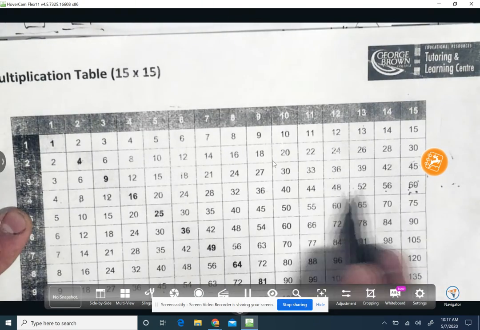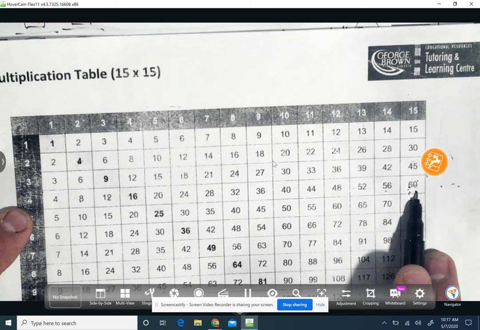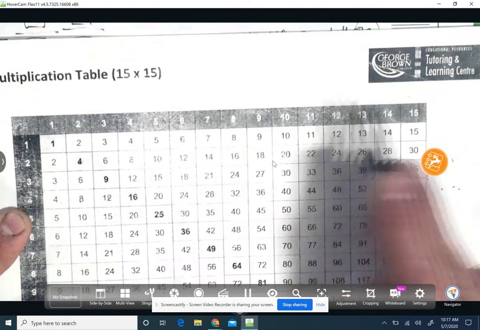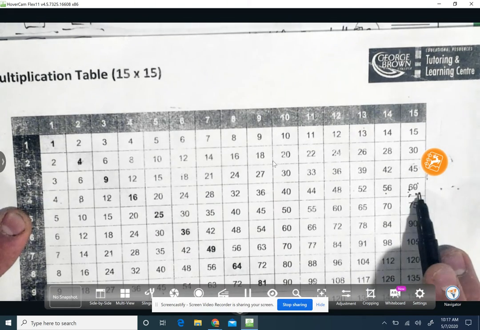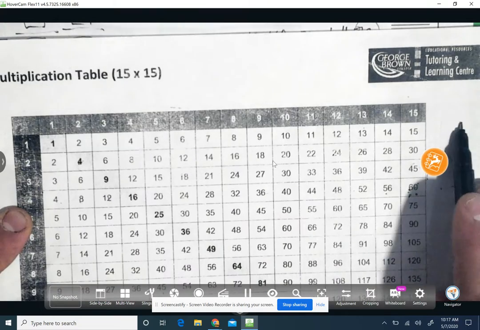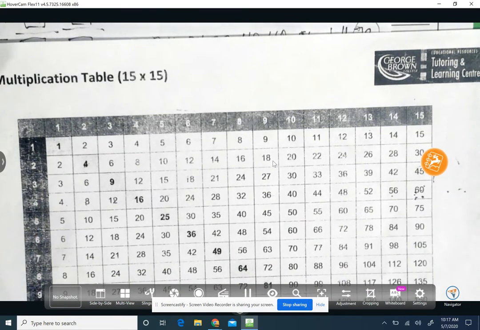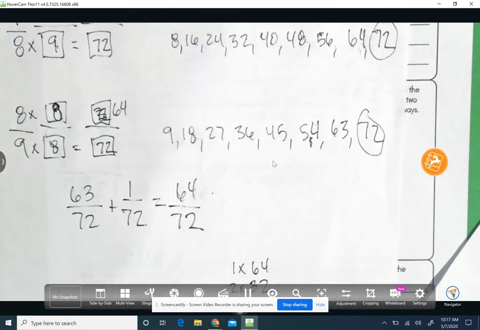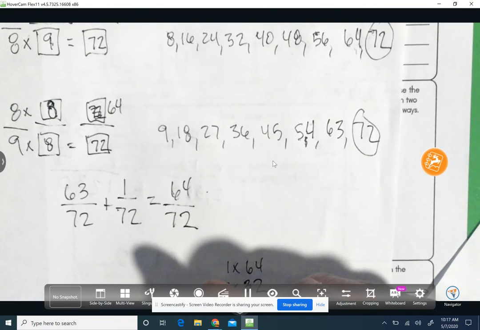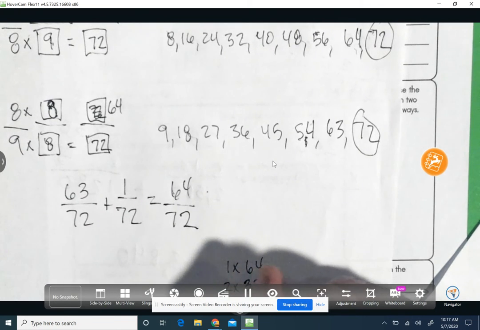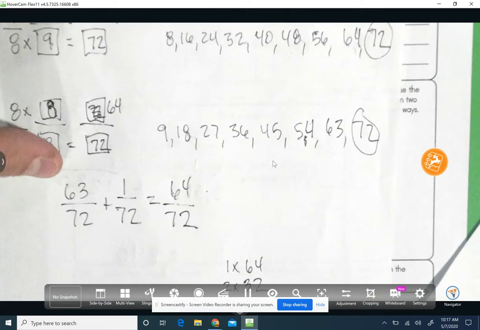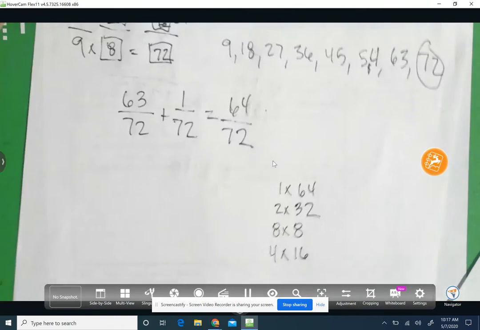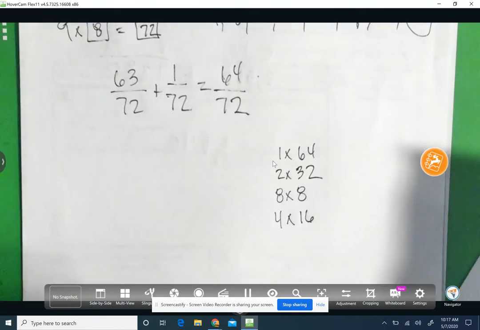Does that make 64? Oh, yep. So if 4 times 15 is 60, that means 4 times 16 is going to be 64, because 4 more than 60 is 64. So we have 4 times 16 equals 64.